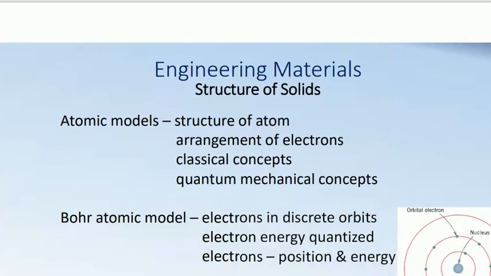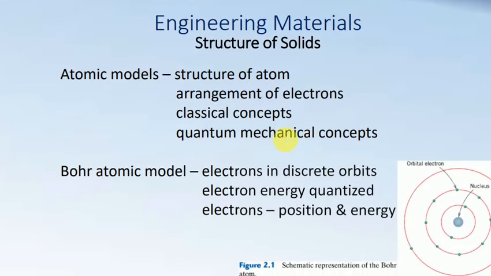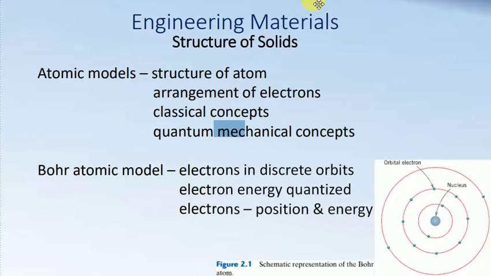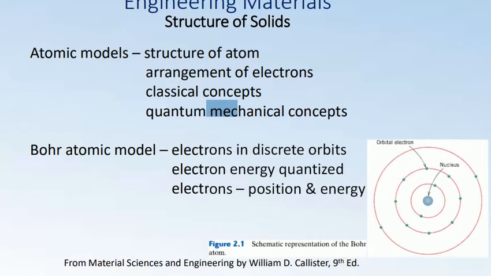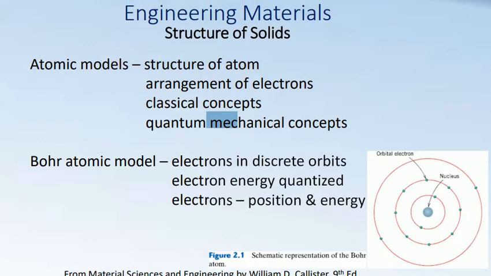We will start from the first model. These atomic models deal with the structure of the atom and the arrangement of electrons around the central part, that is the nucleus.